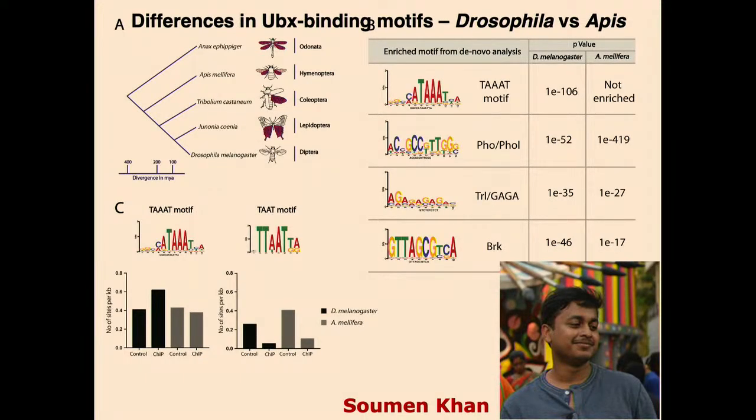So we found that there are small variations in the way UBX binds in Drosophila versus Apis. It's just one example, and we can compare Drosophila with other insects also. Apis is the honeybee.